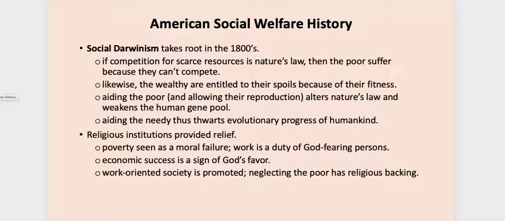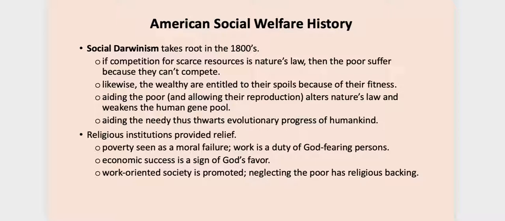During the 1800s, it became the scientific era, and there was a desire to apply science and the procedures and concepts of science to the human condition, thinking perhaps they could find a solution to things like poverty and vagrancy. What developed out of that was social Darwinism, which we've already talked about.